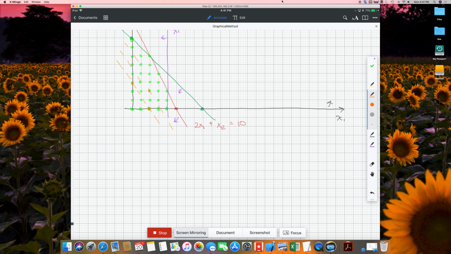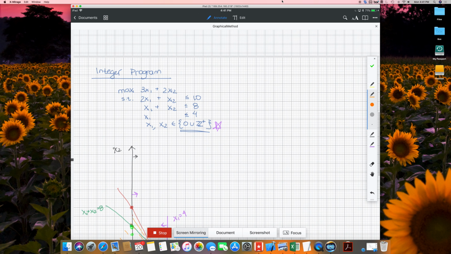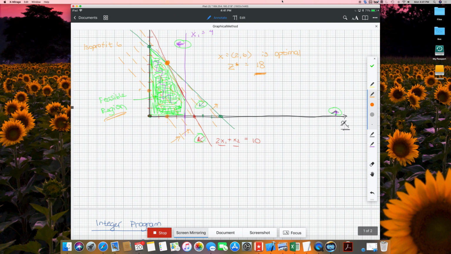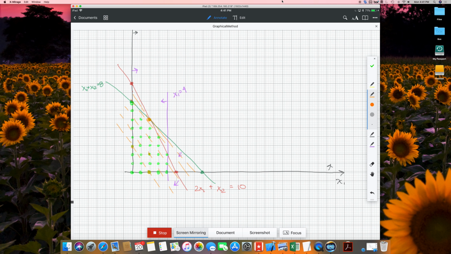In this example, we end up where our optimal solution to the LP is feasible to the IP. But that isn't always the case. You can think that maybe if we just tweaked these constraints, this point here would not be integral. Maybe it was like 2.2 and 6.1, in which case that would not be feasible to our integer program, and you would end up with a different solution.